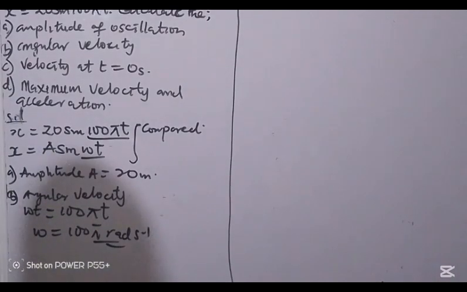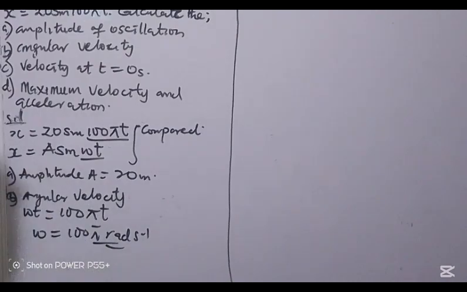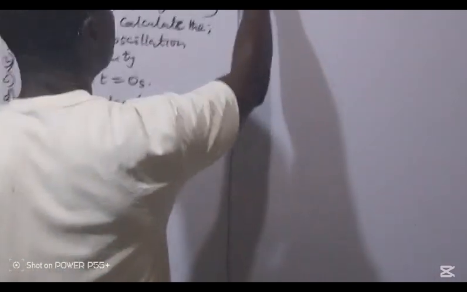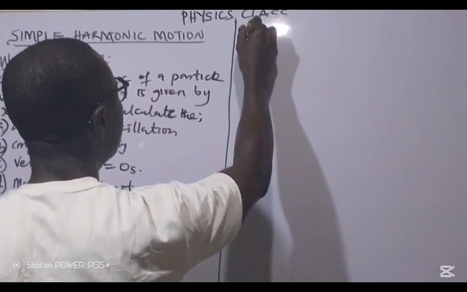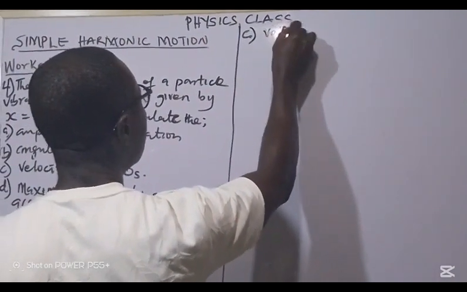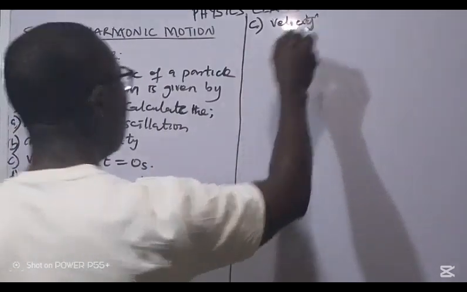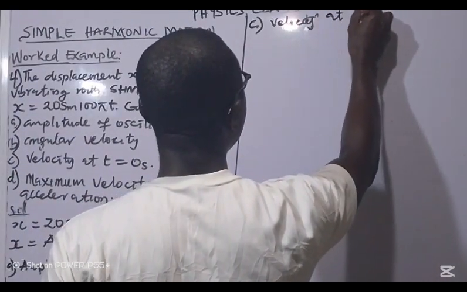The third question says to calculate velocity at t equals 0 seconds.